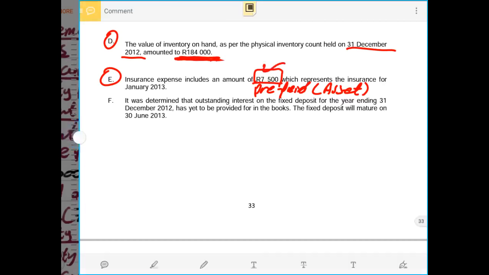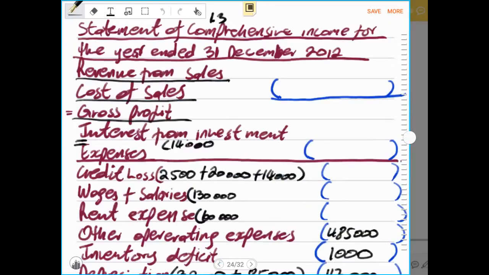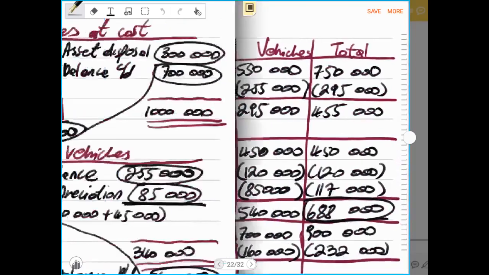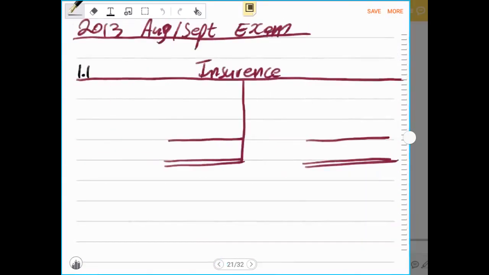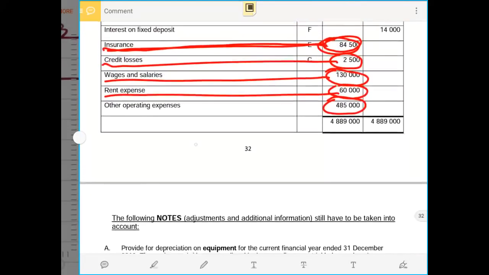So let me also go and check the ledger account for insurance that was required, because I think there was requirement 1.1 that required us to do the insurance expense account. Here in the insurance expense account, we first have to start with the total that comes from the trial balance. The total from the trial balance of insurance, I think, is 84,500 rands.